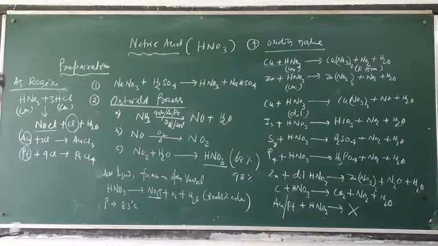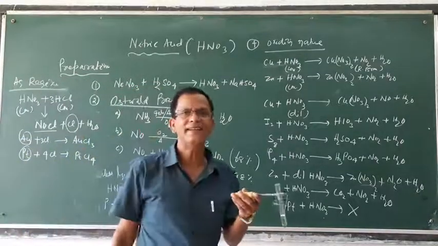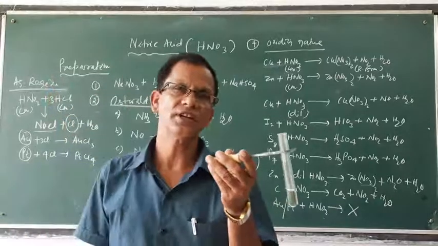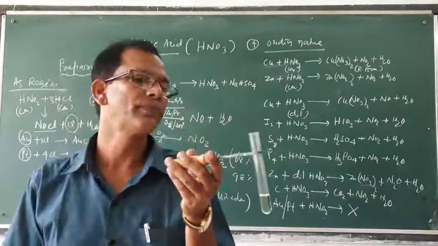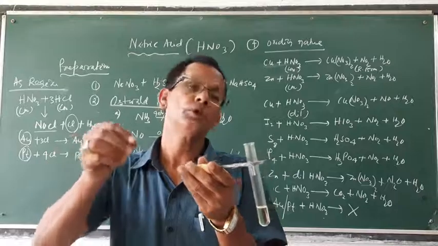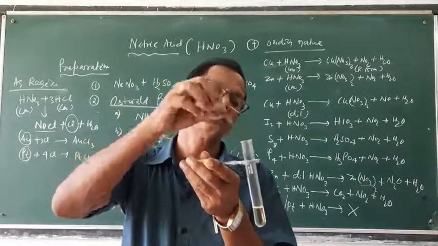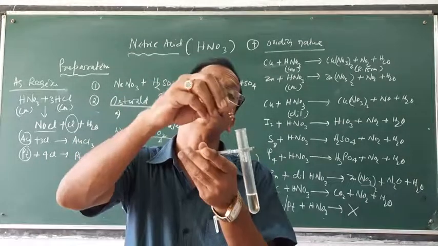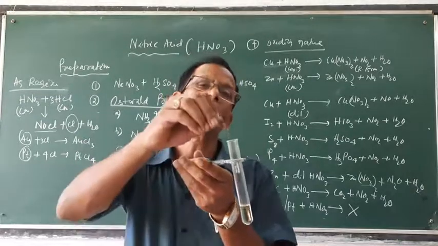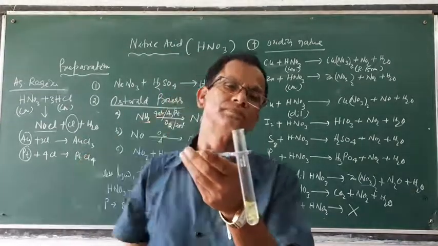You see, I have taken concentrated nitric acid in this test tube. Then I am adding copper metal to it. That is the reaction of copper with nitric acid. You see the change.